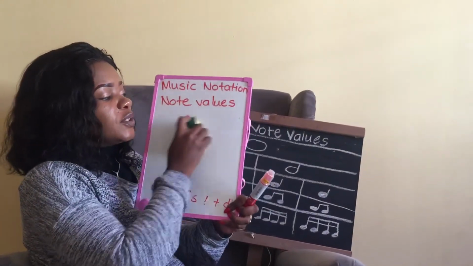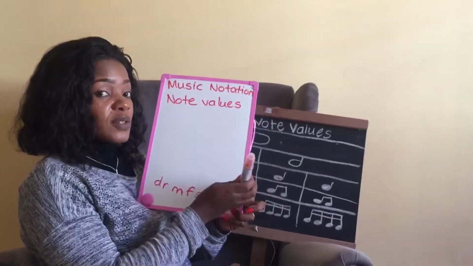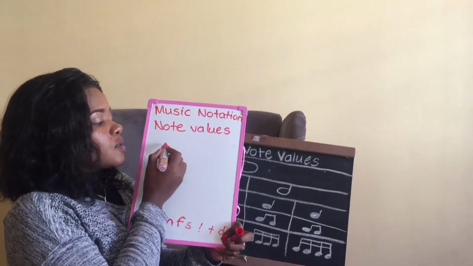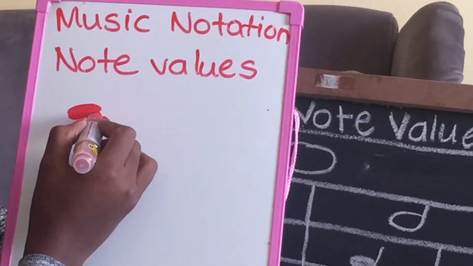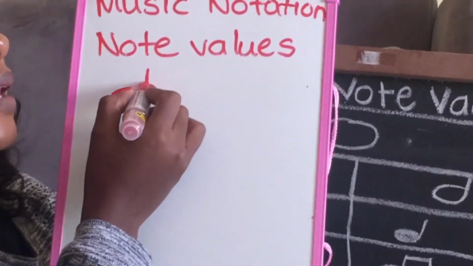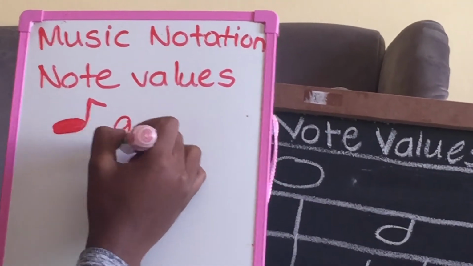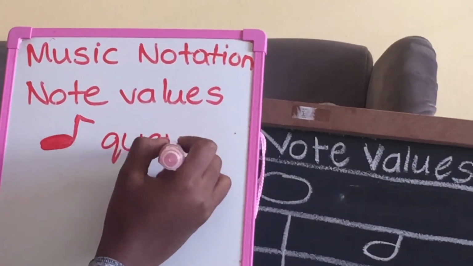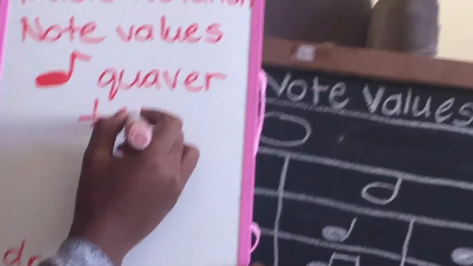Then we go on to the next group of notes. These ones are running notes because they are a bit fast. This one has a head which is shaded, a stem, and a loop like that. This one is called a quaver, or an 8th note.